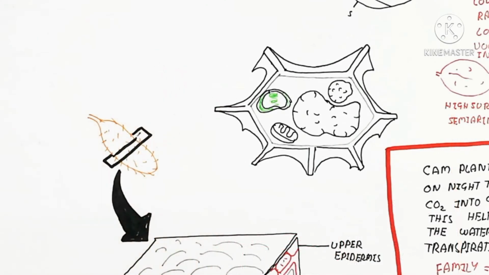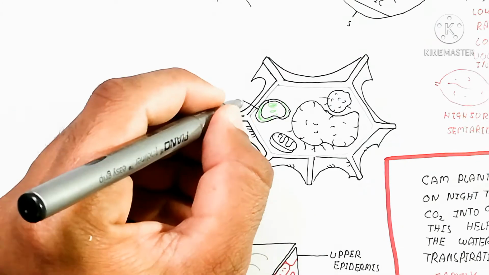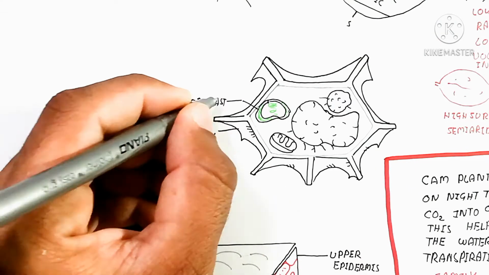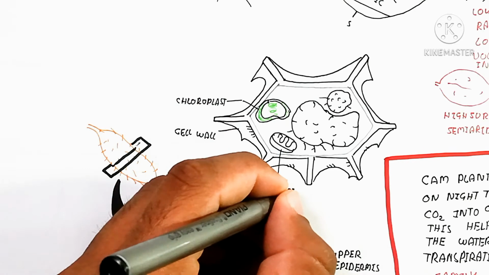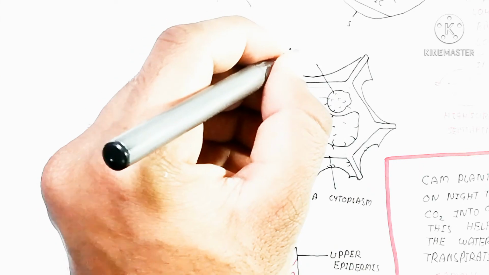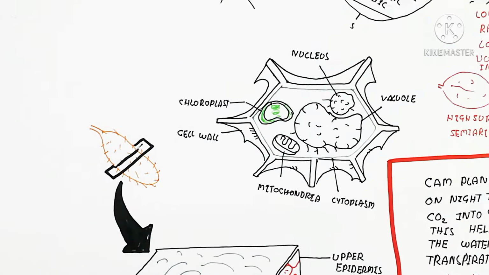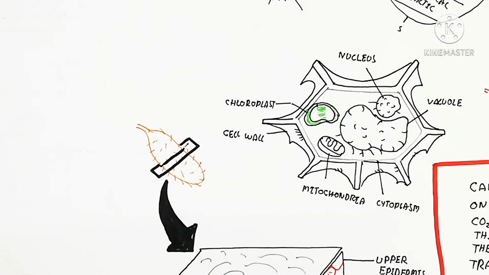Here I draw the structure of a cell, which is used for understanding the cycle of the C4 or CAM plant. The CAM plant cell contains the chloroplast, mitochondria, nucleus, vacuole and cytoplasm. The outer membrane is the cell membrane, surrounded by the cell wall.